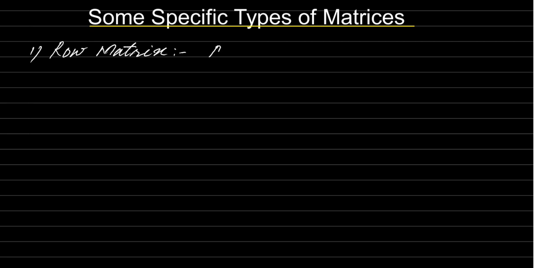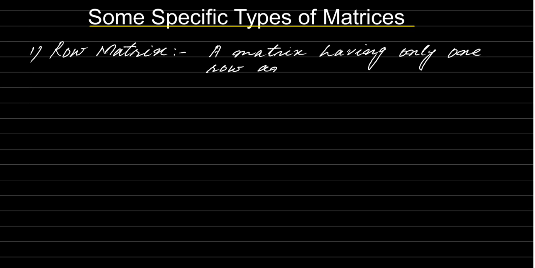A matrix having only one row and any number of columns is called a row matrix.